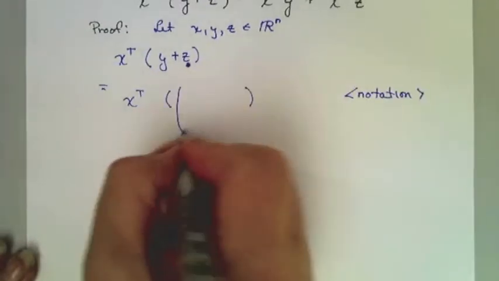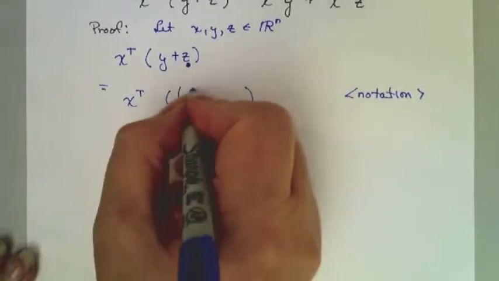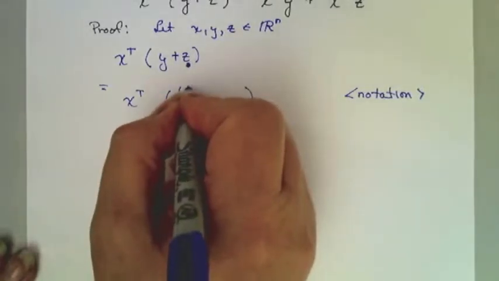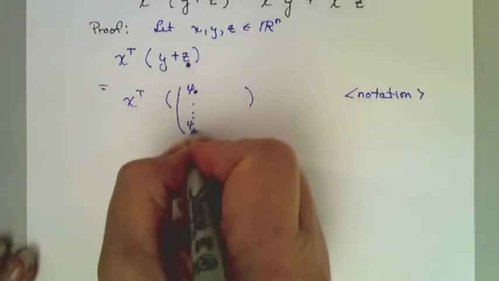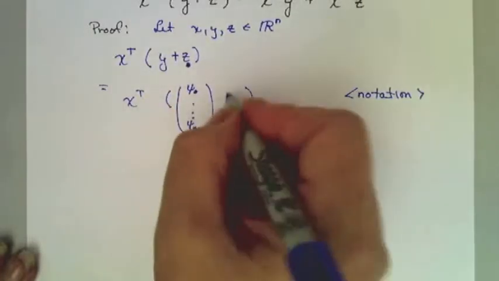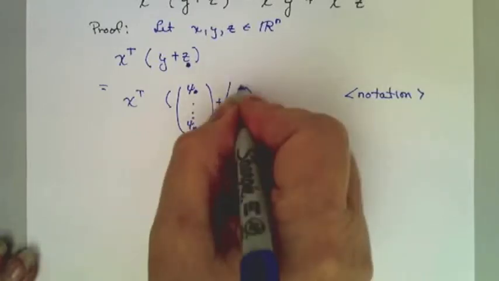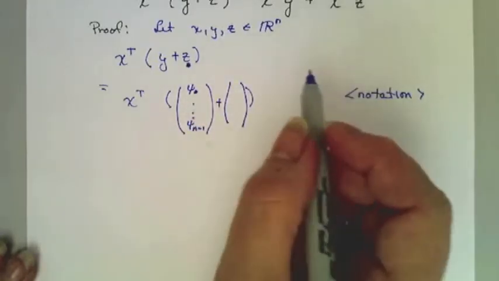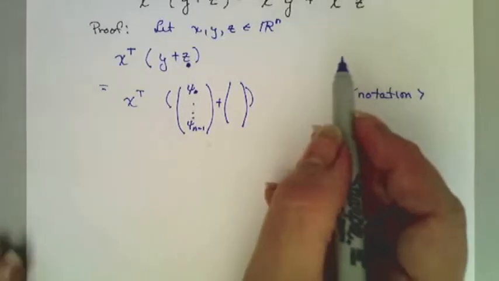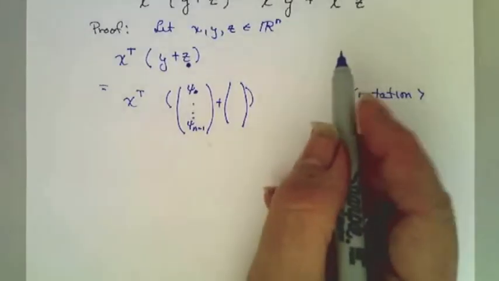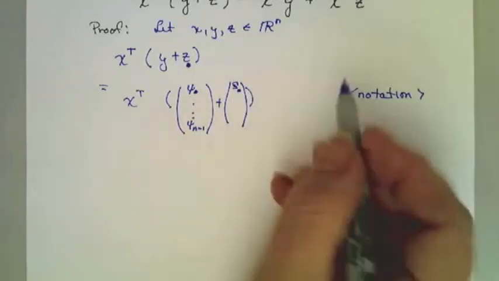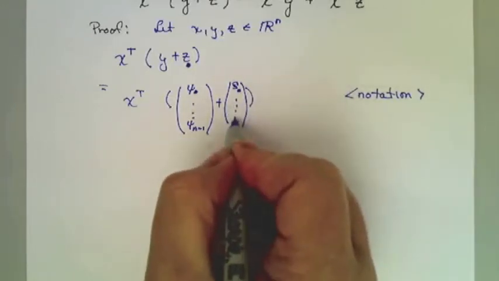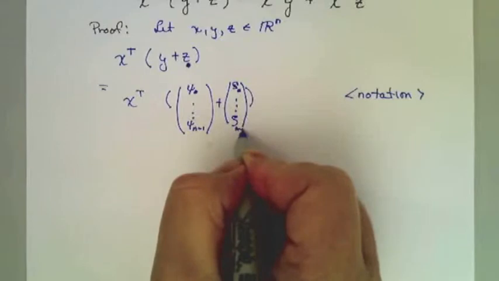So the vector y can be written as the column vector with components psi 0 out to psi n minus 1. And the vector z can be written as the column vector with components zeta 0 out to zeta n minus 1.